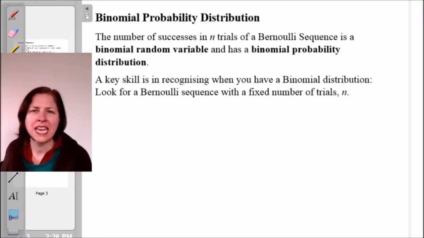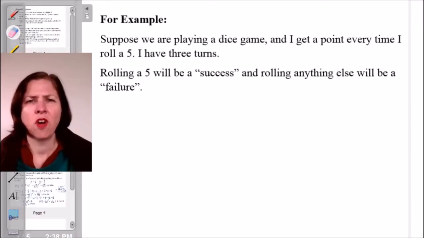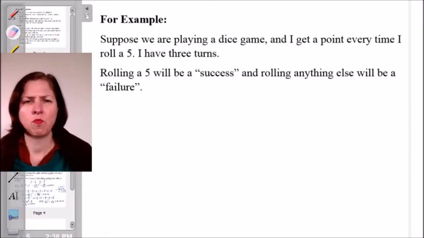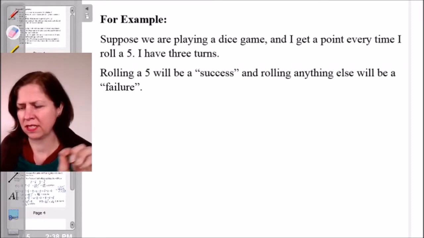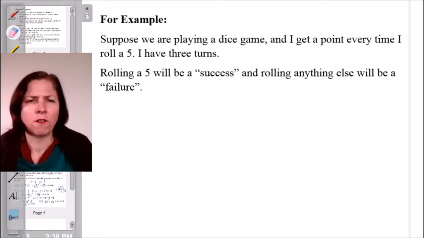So the key here is, we learn to identify that we've got a Bernoulli sequence. That tells us we can apply the binomial probability distribution formulas, etc. Okay. So we're going to look at an example, and that'll help us to get a better understanding of binomial distribution.